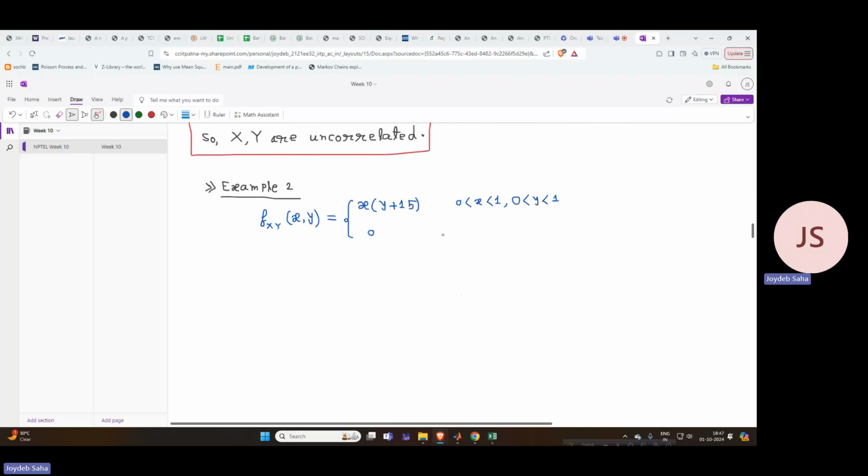This is the condition, and it is 0 elsewhere. The question is to find the joint moments.